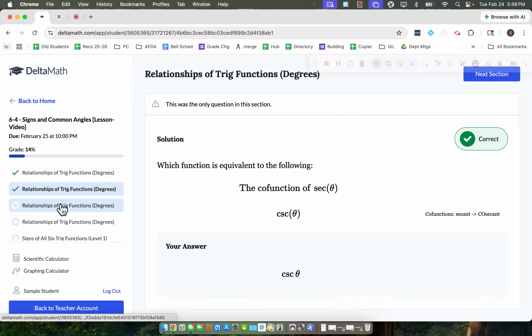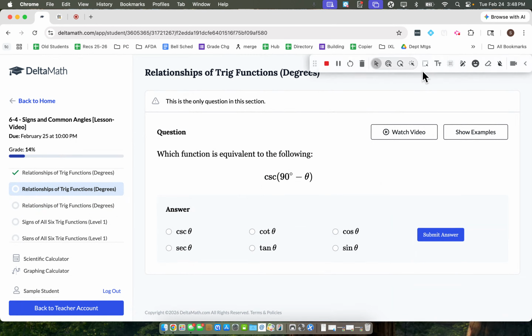Now, here's what it means to be a cofunction. The cofunction of cosecant is going to be secant. But the reason they're called cofunctions is because they are related to each other in this way.